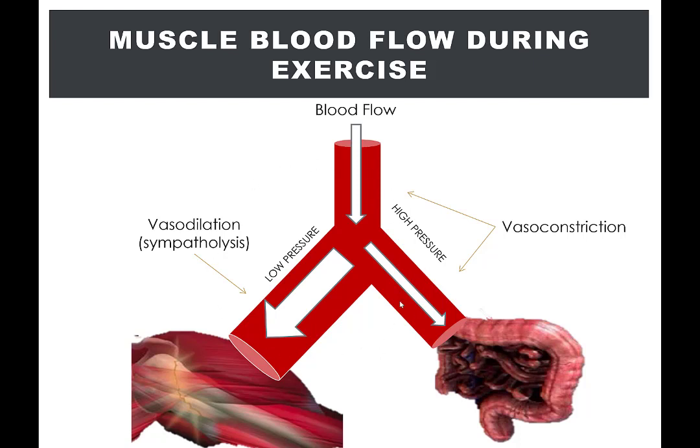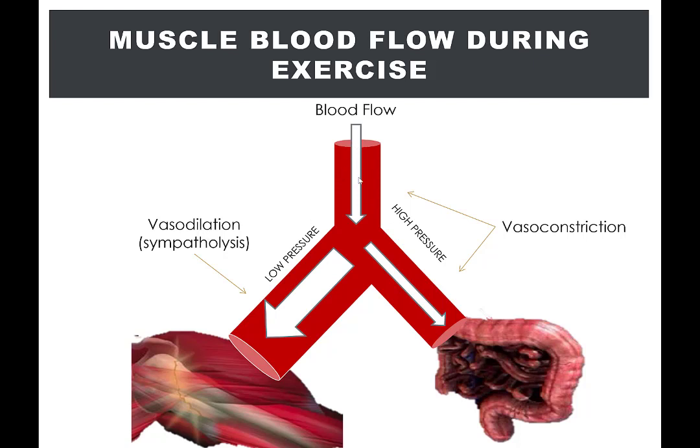Again, sympathetic activity causes vasoconstriction in all arteries. However, the sympathetic influence on arteries surrounding specifically active muscle tissue is broken down or overridden through a process called sympatholysis. And those specific arteries around active muscle tissue undergo vasodilation.